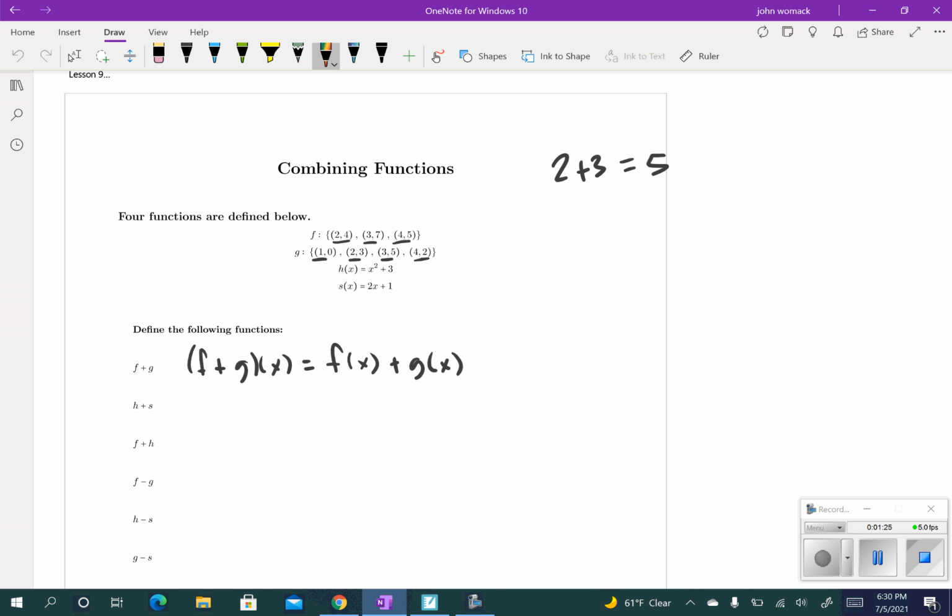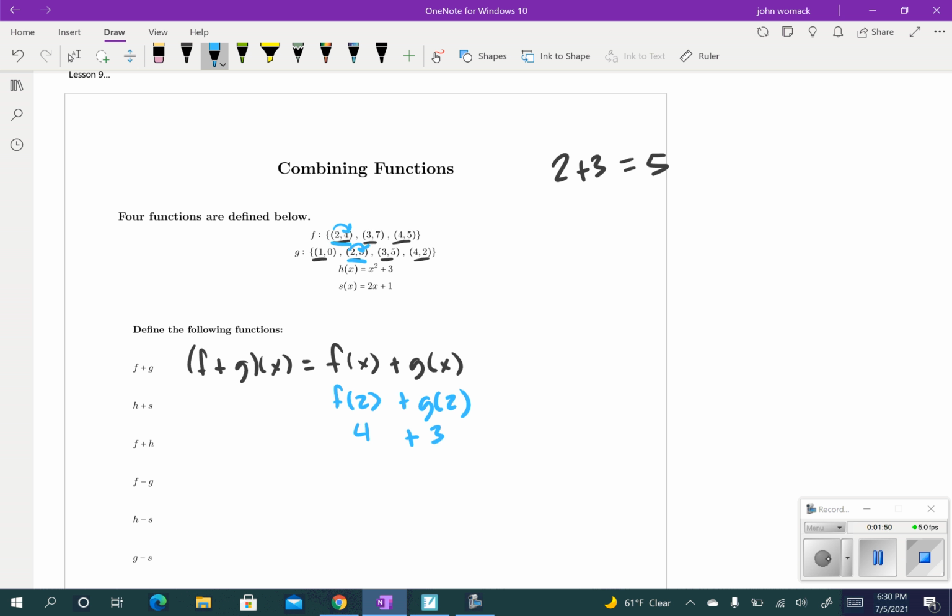So for example, let me do a different color here. If you look at this, I have 2, 4 and 2, 3. Those two have the same domain. So if I were to plug 2 in, I would go f of 2 plus g of 2. Well, we know f of 2, when I plug 2 in, I get 4 back out. When I plug 2 into g, I get 3 back out.